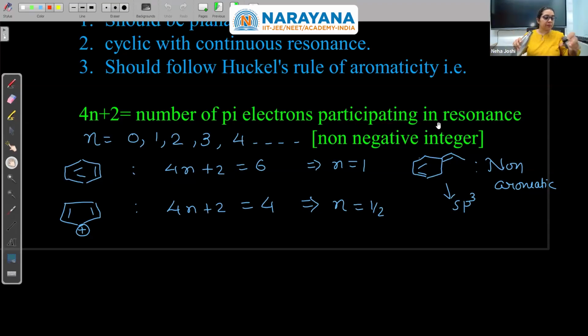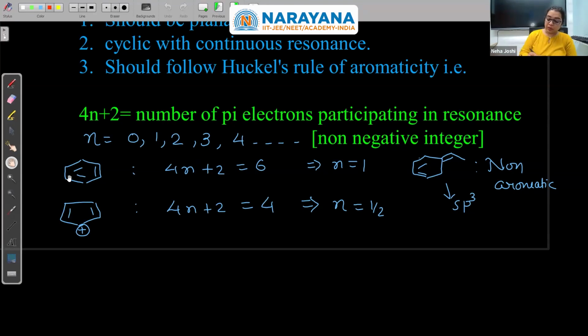We are not concerned with that. We are only bothered about the electrons participating in resonance. Okay. So the number of pi electrons participating in resonance, and on solving this, the n value should come a non-negative integer. 0, 1, 2, 3, 4, like that.